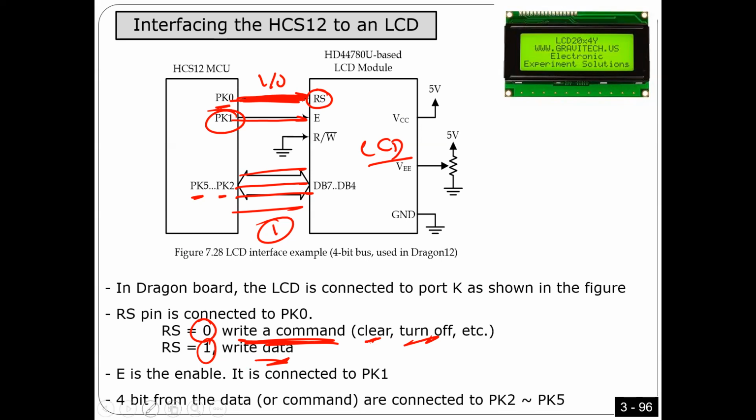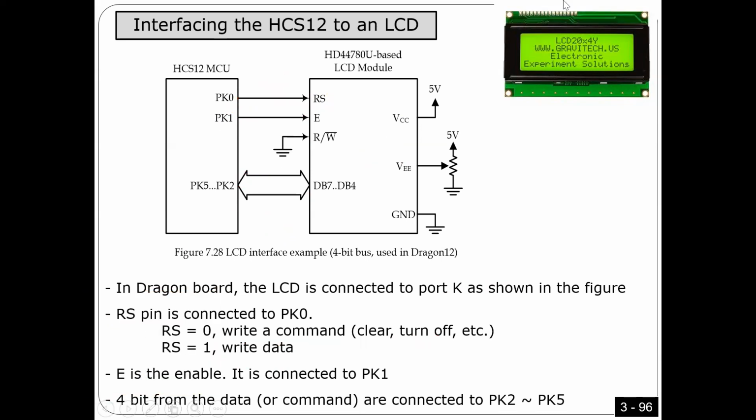The idea works this way. Once you put 4 bits here, and number 2, put 0 or 1 to tell the LCD if this is data or a command, the LCD does not read this value automatically. I have to give a command to the LCD.